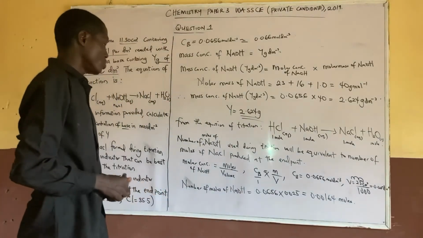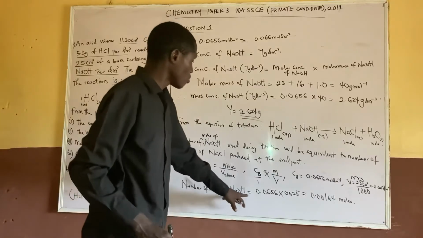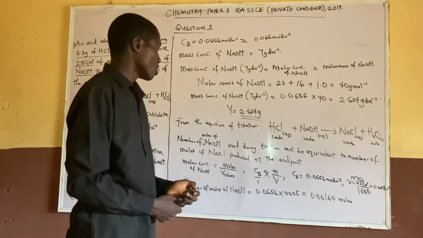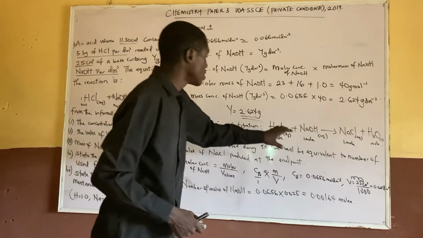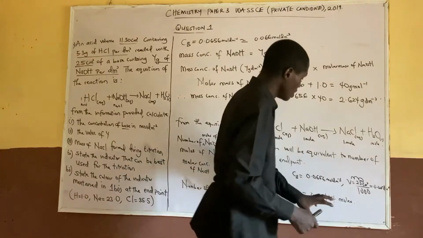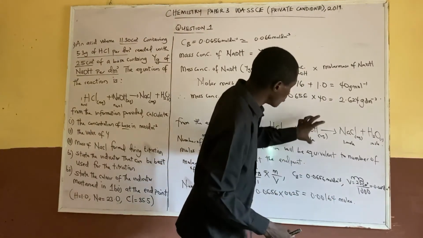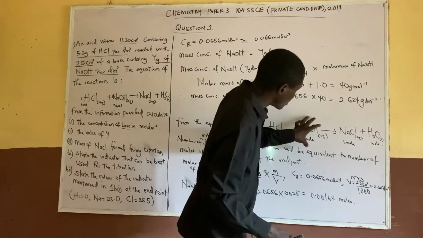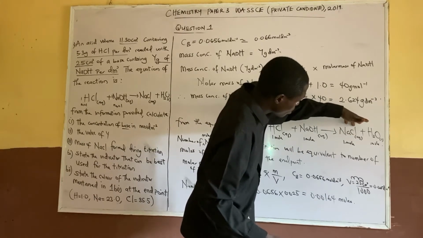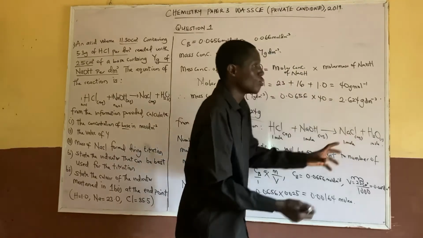So 0.0164 moles of sodium hydroxide was used up during the titration. So in other words, 1 mole of this produces this, definitely 0.0164 moles of sodium hydroxide that was used up is equal to the moles we will obtain.